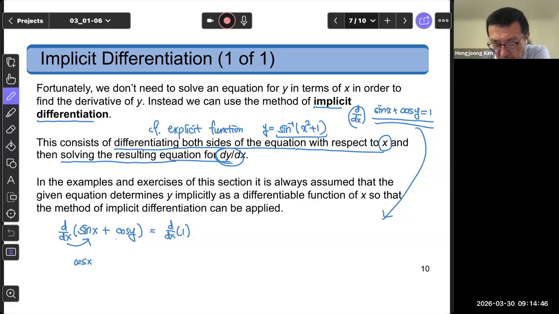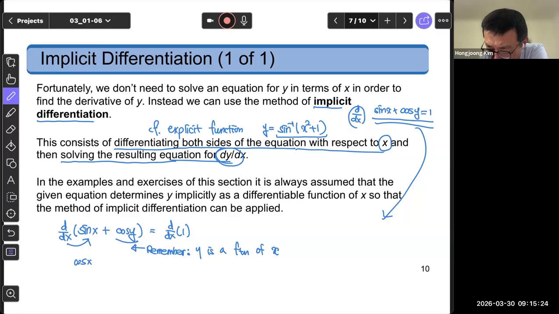When you differentiate cosine y, you need to remember that this y is some function, even though we do not have an explicit representation of it. So when cosine y is differentiated with respect to x, you need to apply the chain rule. Remember that y is a function of x.